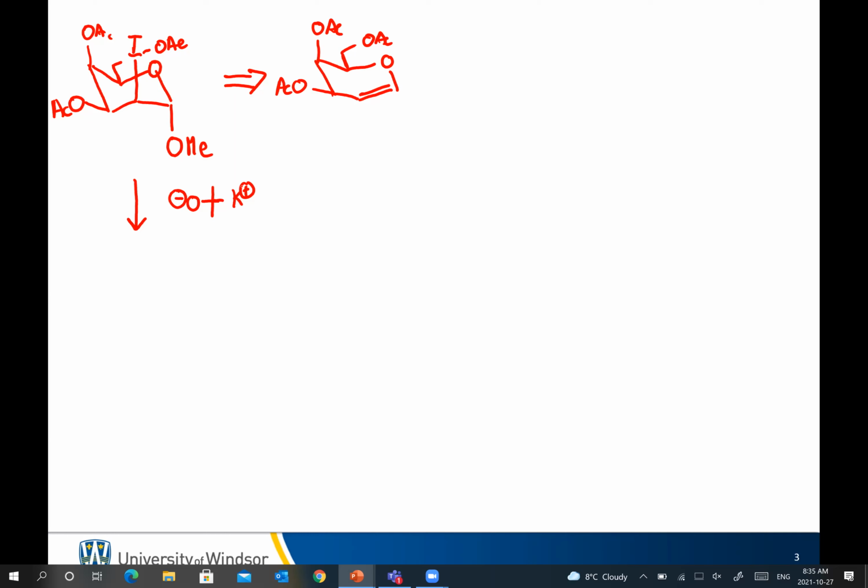Can anyone point me towards the most acidic proton in the molecule? I probably wouldn't do this with acetate protecting groups. I'd probably, you know what? Let's just avoid possible complex answers. I think it would still work, but let's avoid them. So put benzyl groups on there.